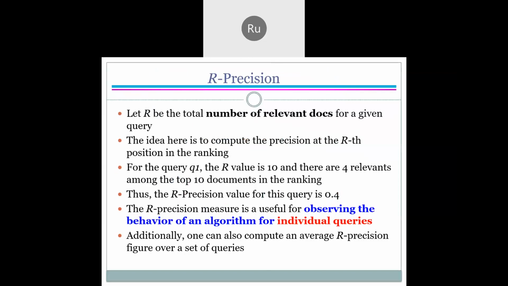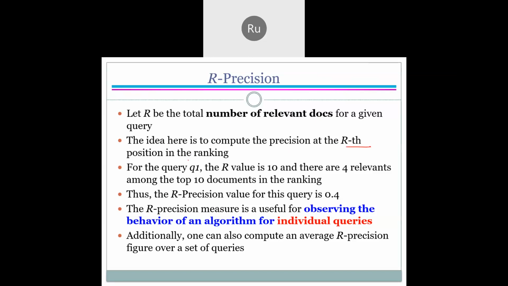Okay, we also have this R precision. The R precision is used to compare between two queries. Let R be the total number of relevant documents for a given query. The idea here is to compute the precision at the R position in the ranking.